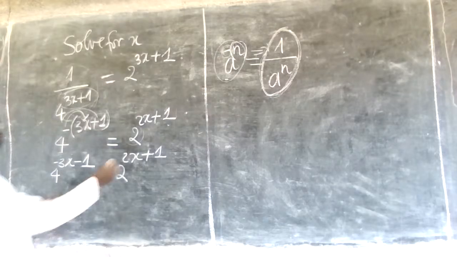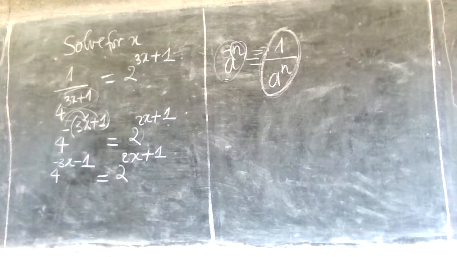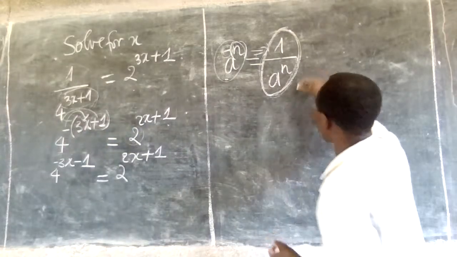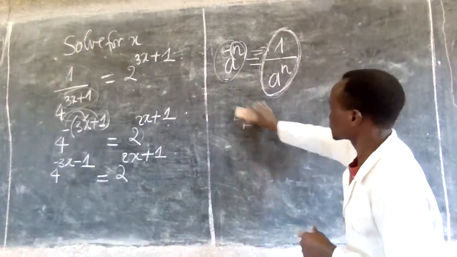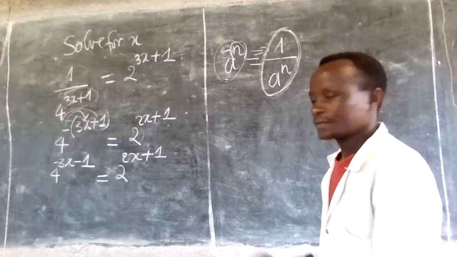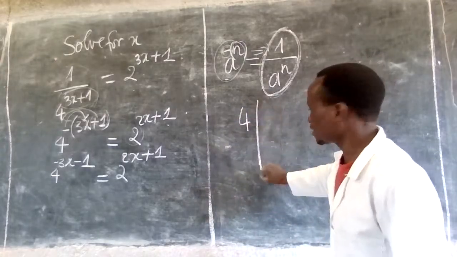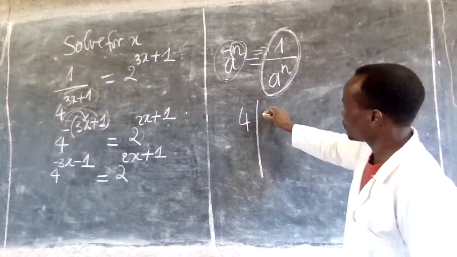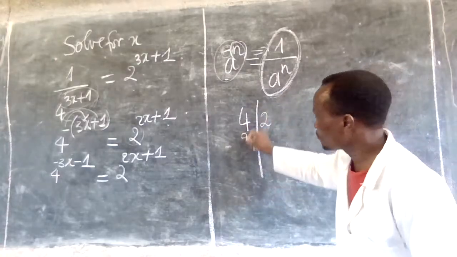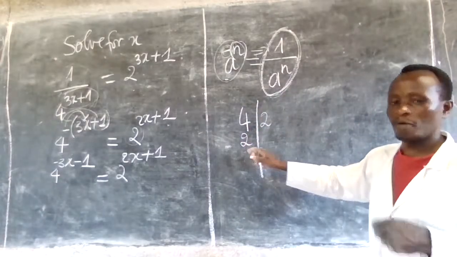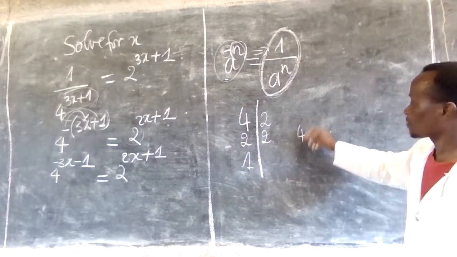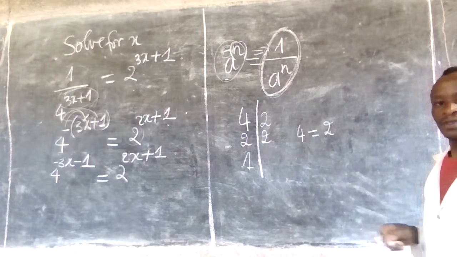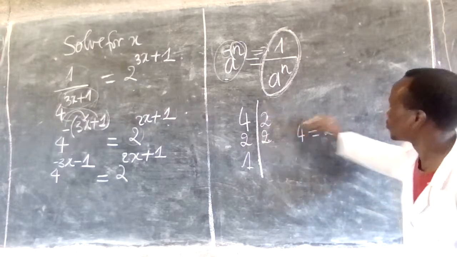As I told you, we are going to factorize this number 4. So, let's factorize that number 4. 4 is divisible by 2. We remain with 2. Also, 2 is divisible by 2. We remain with 1. Finally, 4 is equal to 2 power 2.